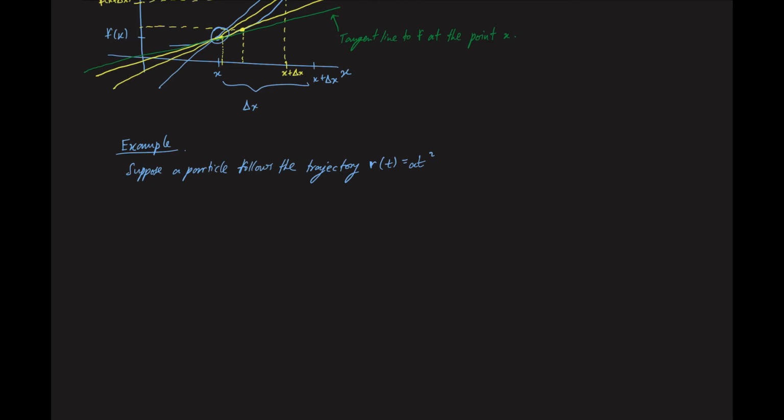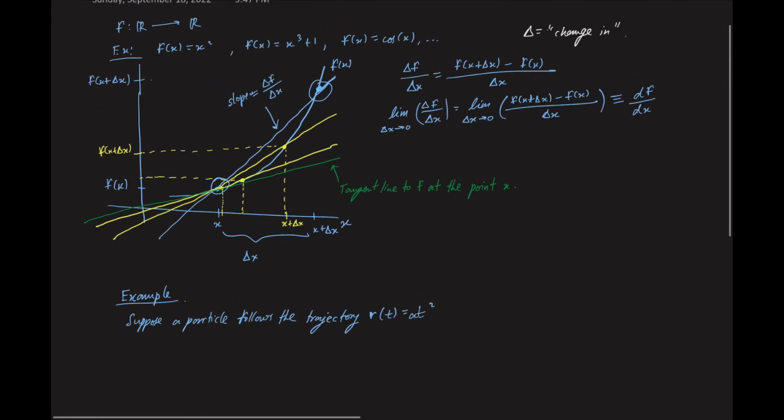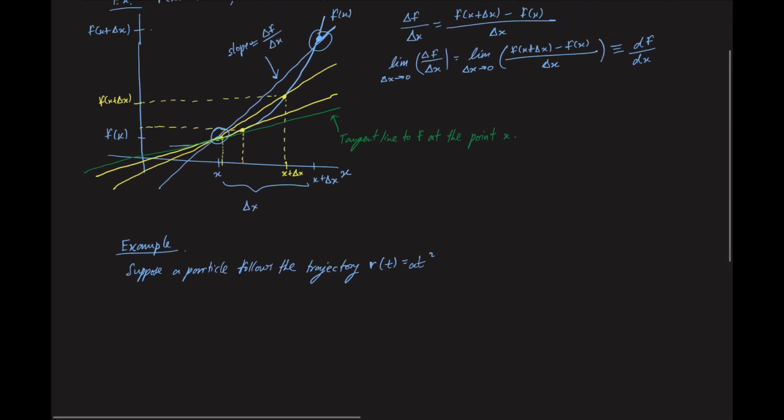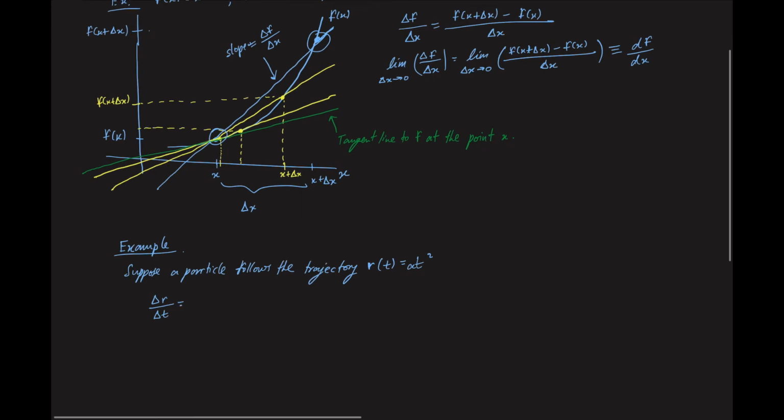Now a question we can ask is, what does this quantity, the derivative, look like for this particle? Well, let's start with delta r over delta t, the difference quotient, the ratio between the change in the height and the change in the width. Delta r over delta t is r at t plus delta t minus r at t all over delta t.